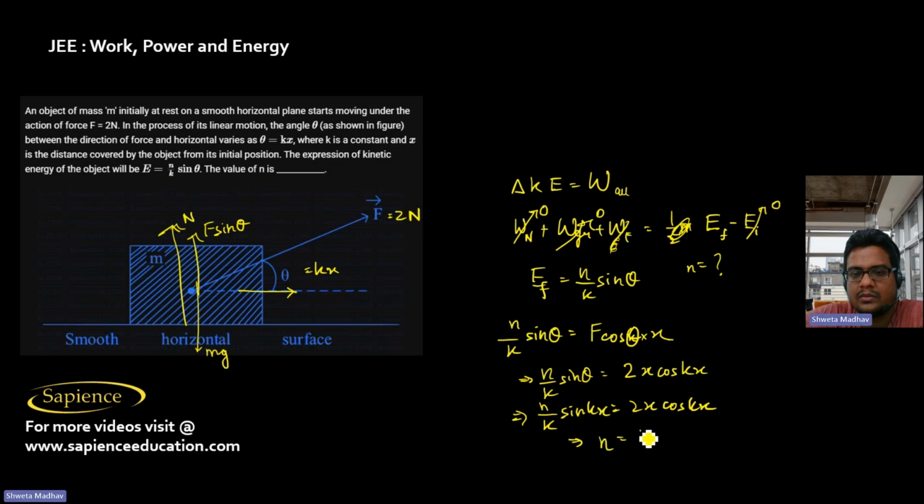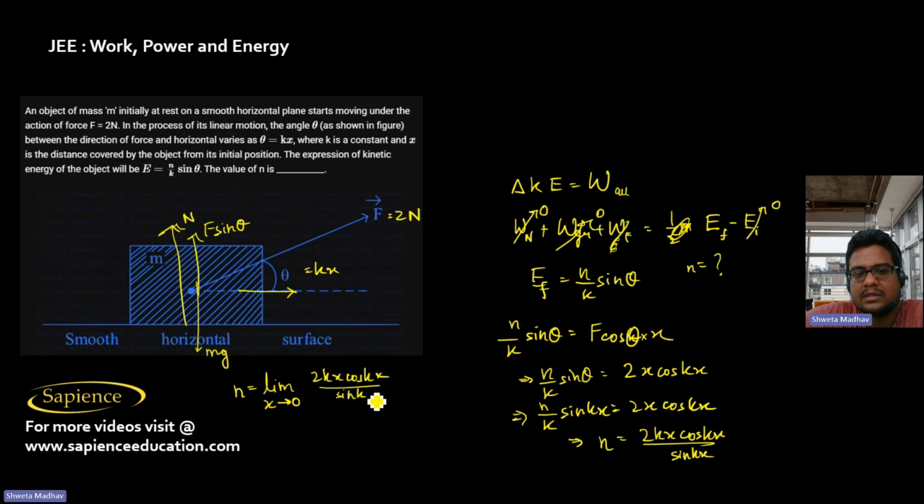So n will be equal to 2kx cos kx by sine kx. Now, if I put x as 0, n will be equal to the limit as x tends to 0 of 2kx cos kx by sine kx.